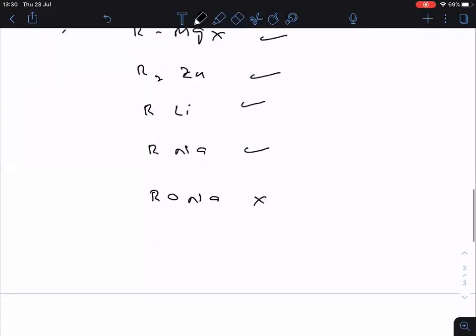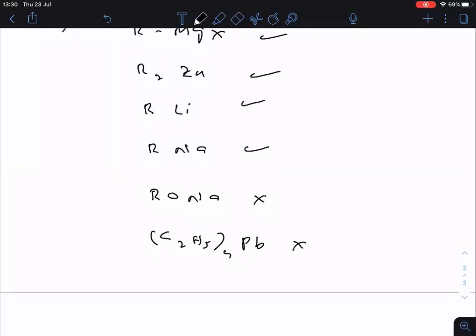Clear? One more example I can take here: (C2H5)4Pb, tetraethyl lead. This is also not an organometallic compound because lead is not a metal. It is a metalloid.